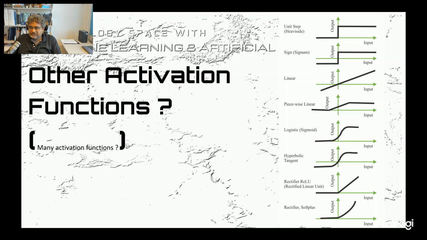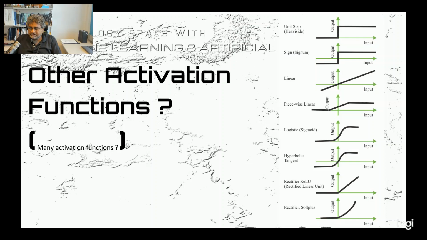Then the signum function, whose special behavior is that instead of a zero output, it can create a negative output when it's beyond a certain threshold value. In the linear activation function, the input and output have a linear relationship.